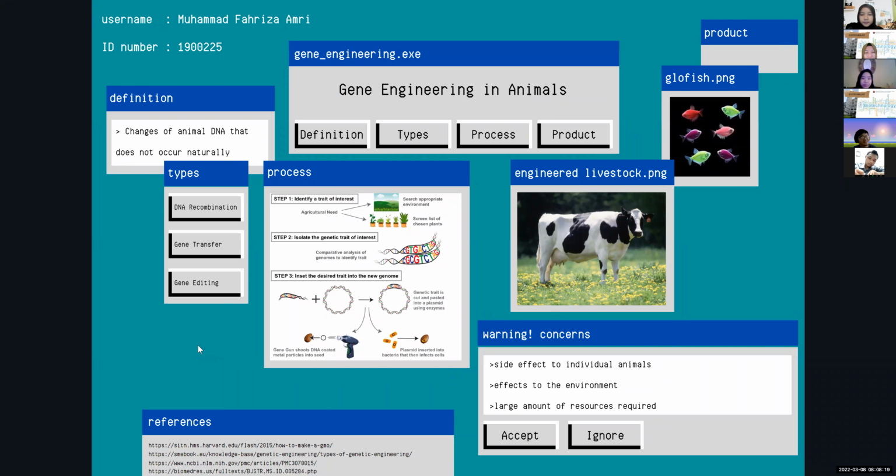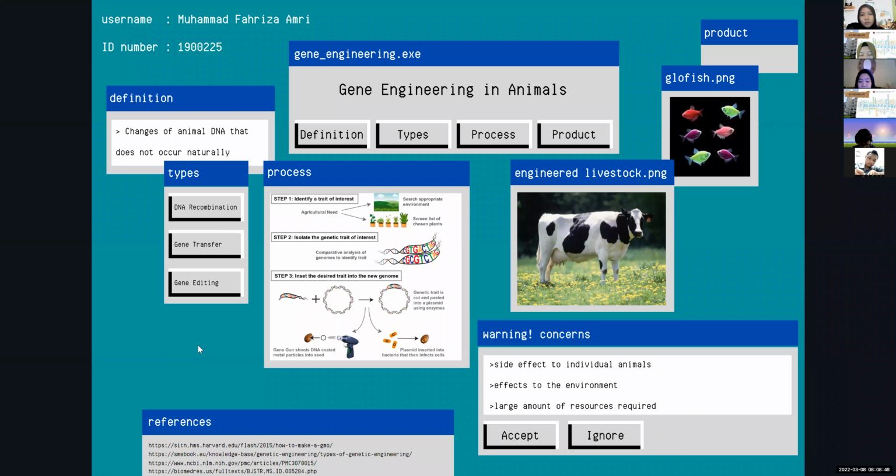Go ahead, Iki. All right, thank you very much, Fahriza, for the presentation. My question is, you said something interesting: what will happen if we take the genetically engineered animals to the wild? What I think is that our world is going to be different, like the past and the future. Maybe we can make the genes much more durable to the conditions of the future itself.